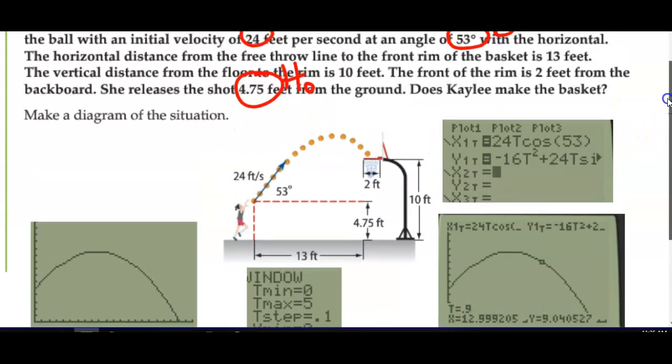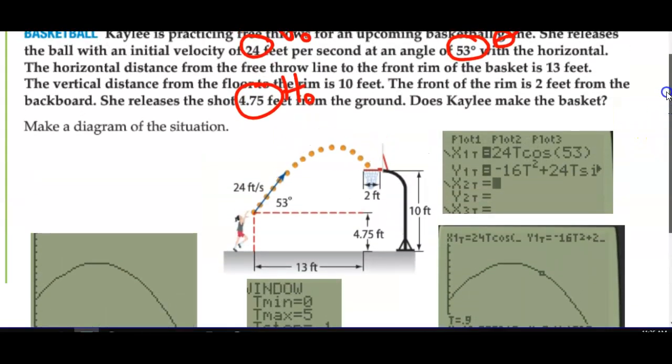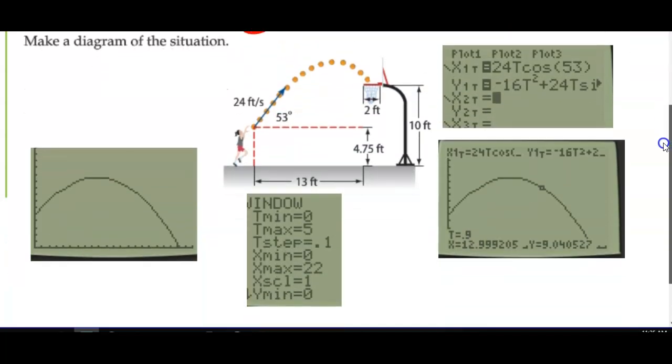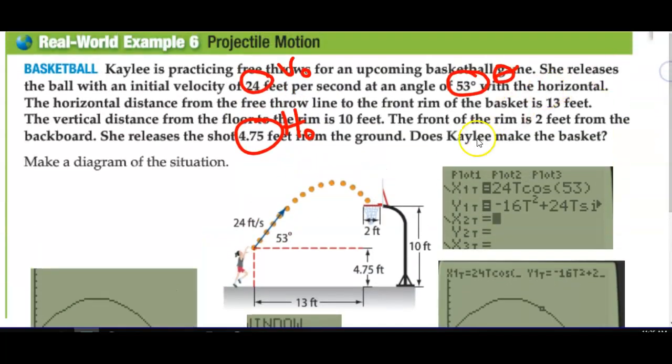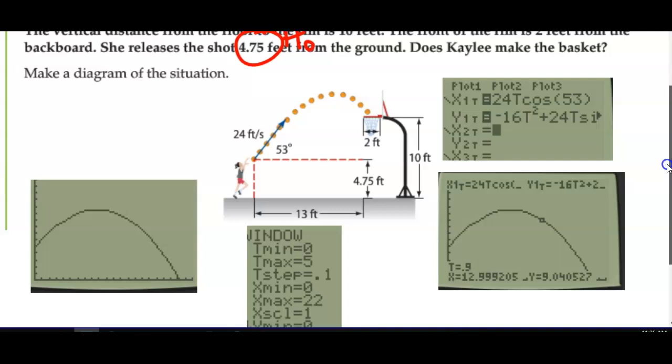All right, now, in regards to whether she makes this, how far from the basket is she? 13 feet away. So when the x value is 13 feet, okay? Took 0.9 of a second to get there. But when the x value is 13 feet away, the ball is 9 feet up in the air. Well, how does that compare to this question?